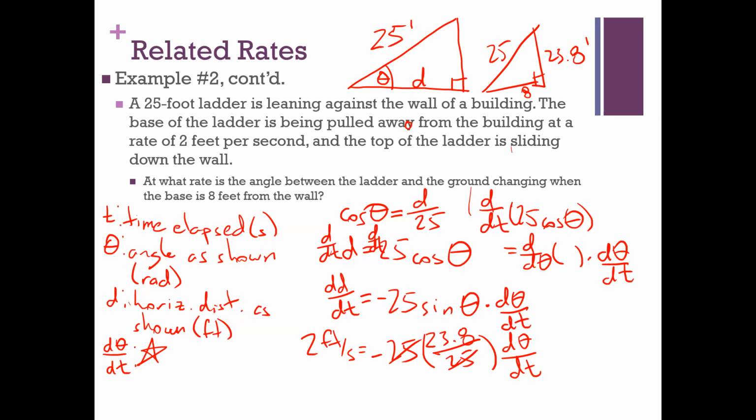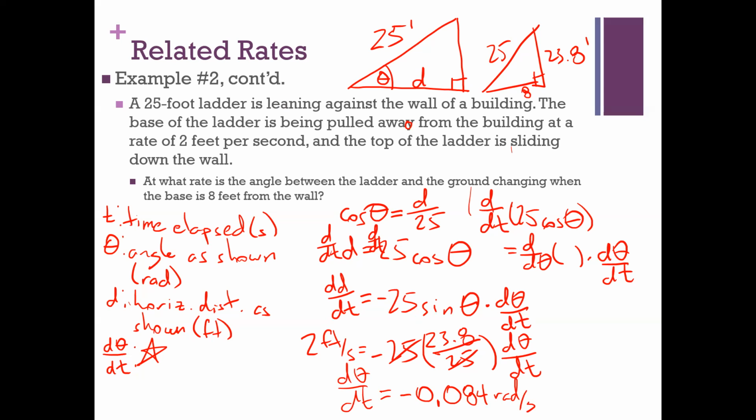Just 2 divided by 23.8. I'm getting negative 0.084 radians per second.